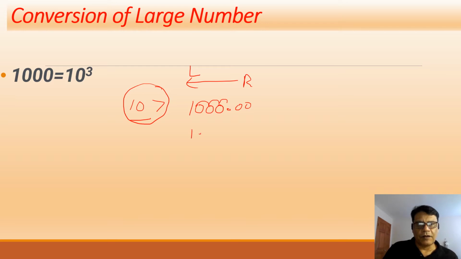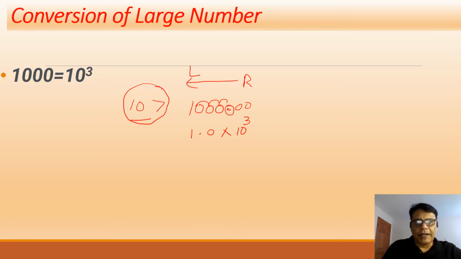So now the value will be 1.0 multiplied by 10 raised to power 3, because you moved your decimal point 3 times.